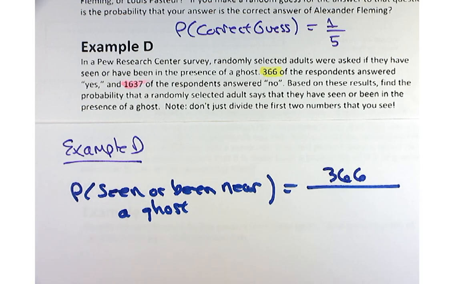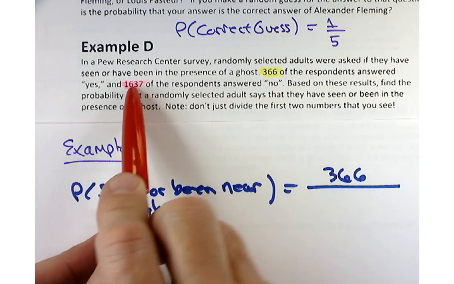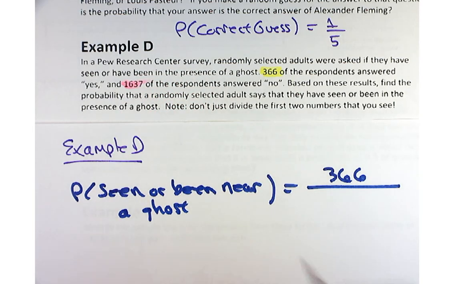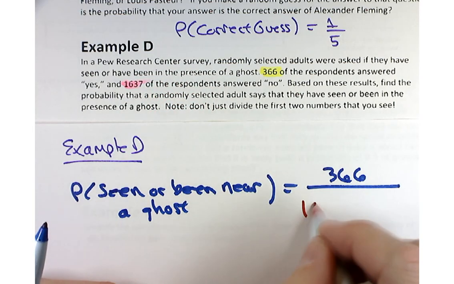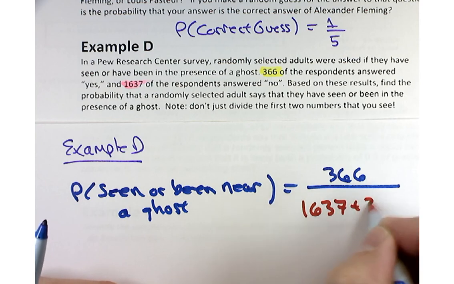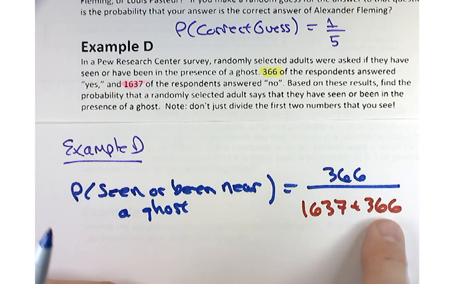And in the denominator, we've got to figure out, well, how many possibilities are there overall? 2003. Ah, well done. A couple of you got that. And it's more than just dividing by 1,637, because that's the number of no respondents. You've got to also include the rest of the people that were contacted in the survey, the 366 here.